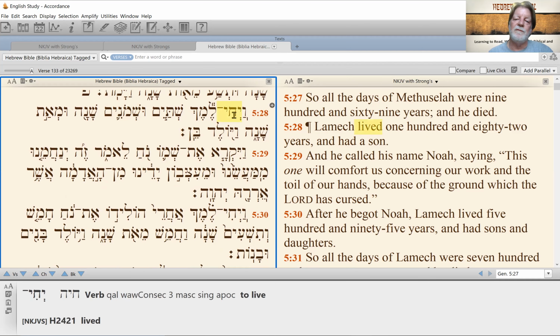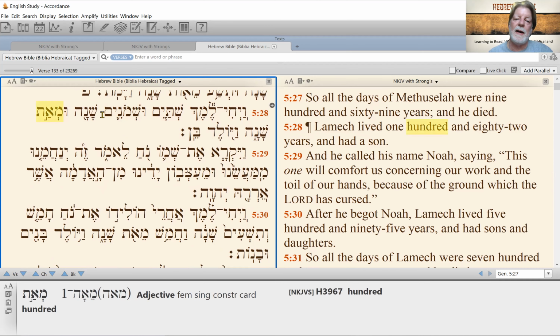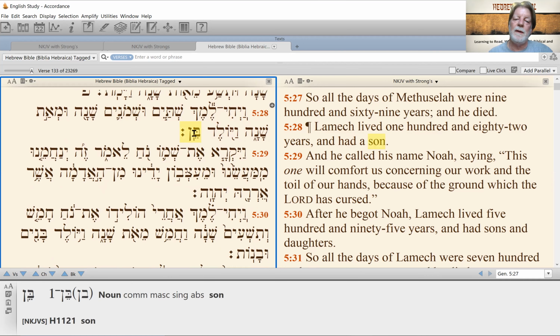Verse 28, Vayechi Lemech, and Lemech lived, Shataim Ushmonim Shana, 82 years, and Uma'at Shana, and 100 years. Vayoled, and caused to be born Ben, a son.